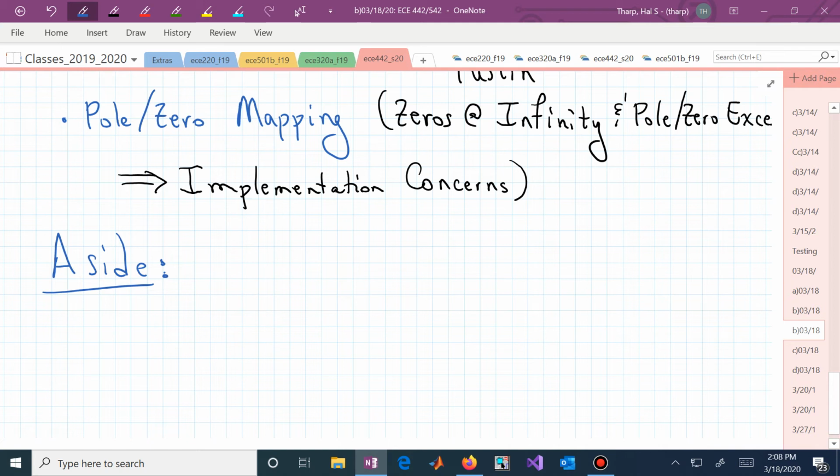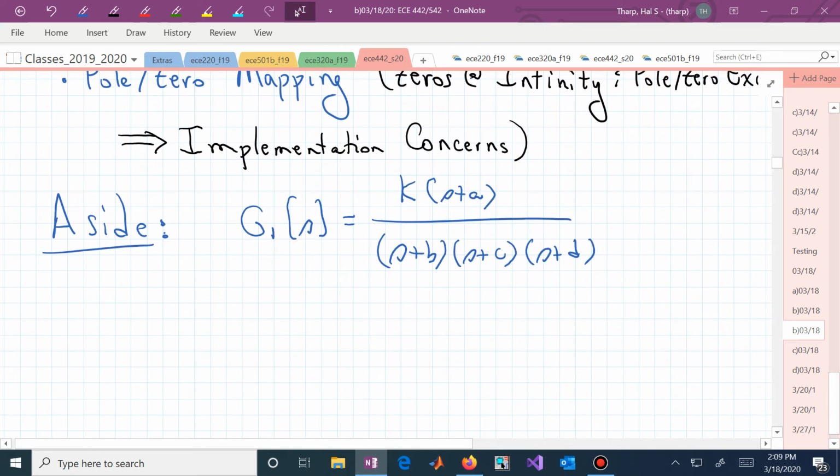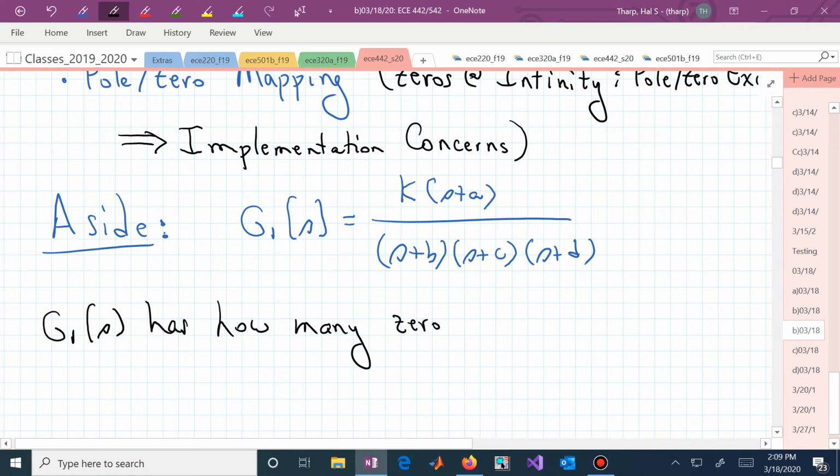Let's try to look at that and just remind ourselves again where we are at now. G1 of S, suppose that's now k times s plus a over s plus b, s plus c, s plus d. Now somebody might say, okay, G1 of S has how many zeros at infinity?